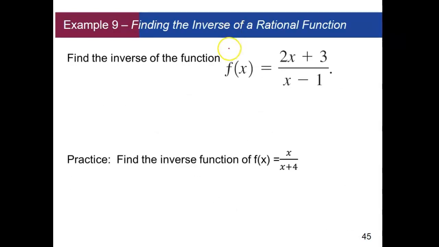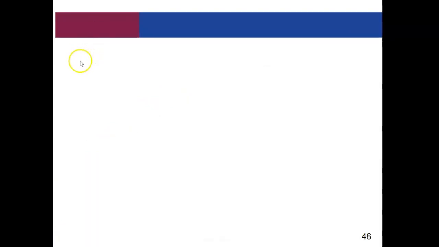Okay, here are a couple others for you to practice with. So go ahead and try both of these, and then we'll take a look at what you should have gotten. Okay, on this one, we were asked to find the inverse of the function 2x plus 3 over x minus 1.